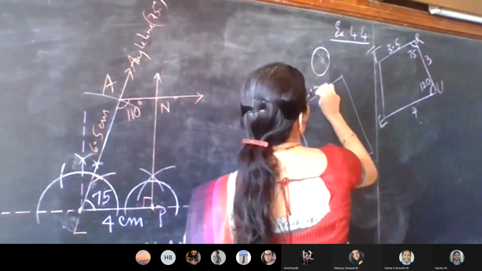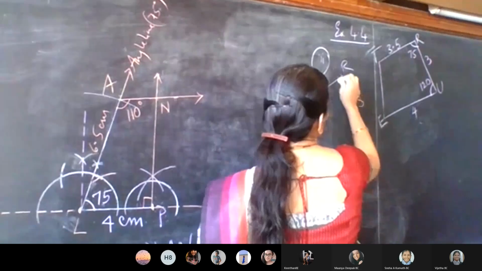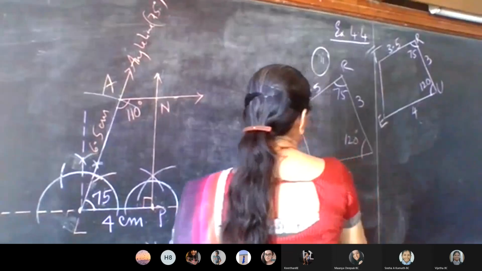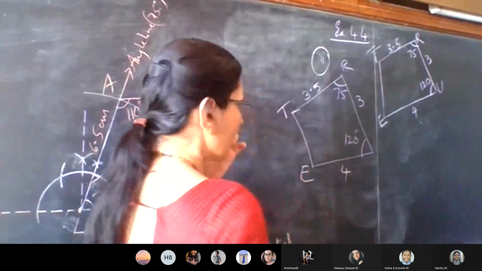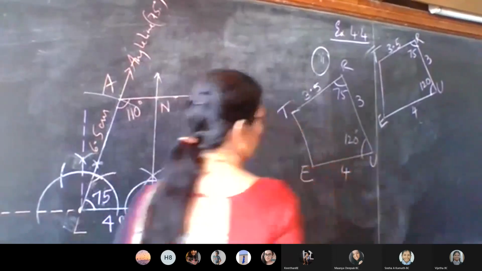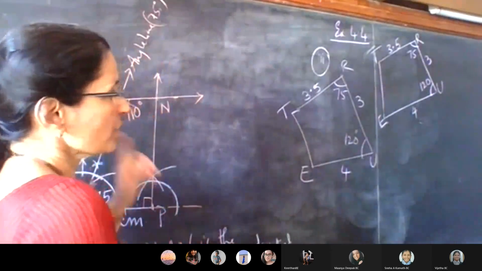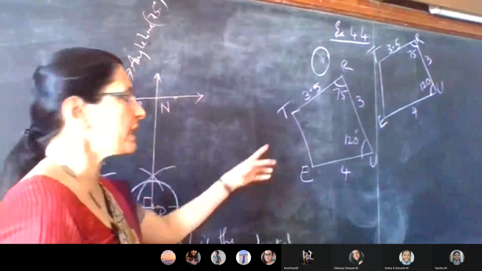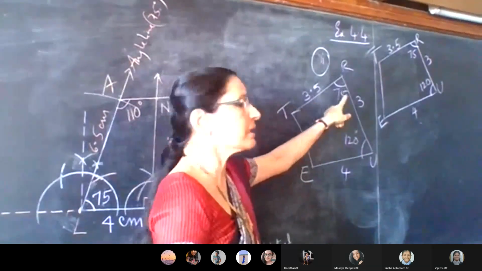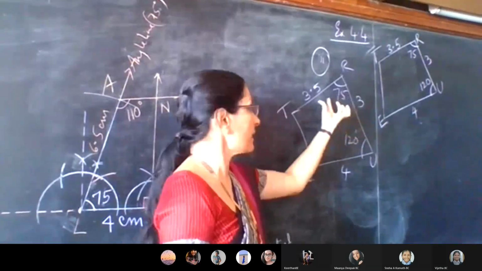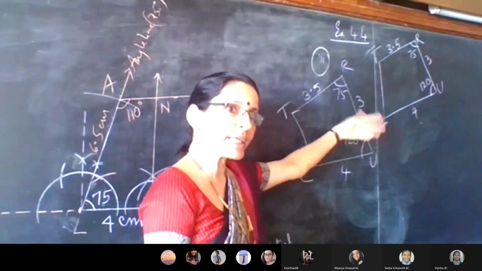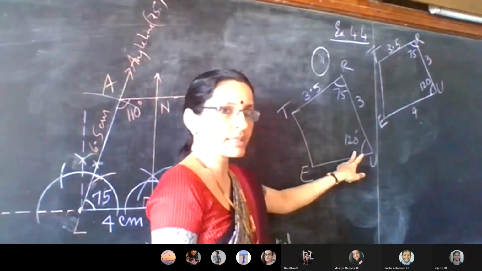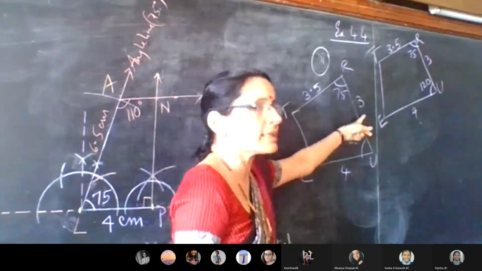T 3.5, R 3, 75, 120, 4, E. TRUE 2 is the name. So 3.5, 3, 4. See, observe here. Side, angle, side. Side, angle, side. We can do that. Also, angle, side, angle, continuously. Angle is there, side is there, angle is there.